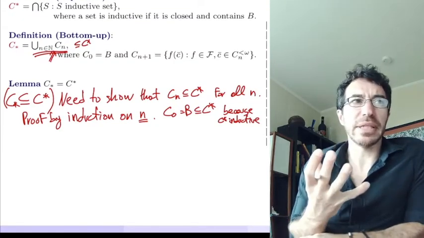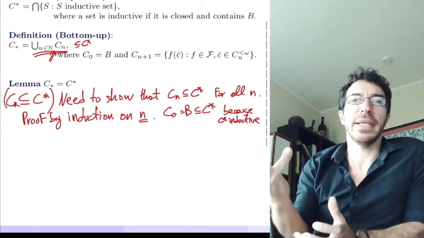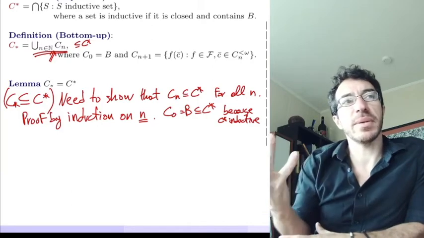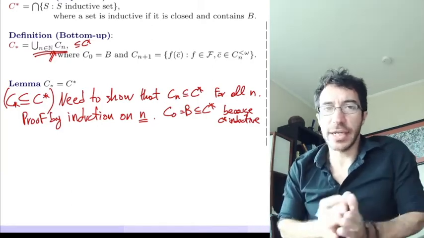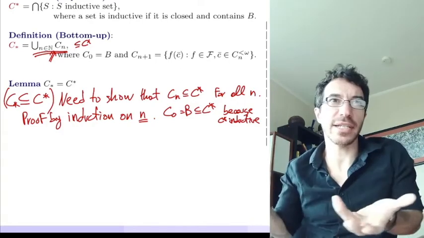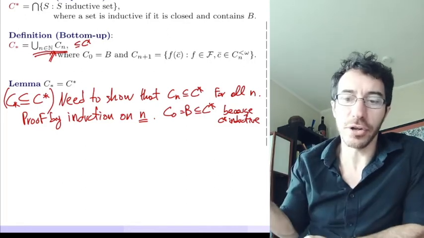Essentially, the main property about C top star is that it's inductive, and it's the least inductive set. So if you want to show that something is a subset of the least inductive set, essentially what you're showing is that it's a subset of all inductive sets. So that's essentially the only property we're going to use: we're going to show that all these Cn's are included in all inductive sets.